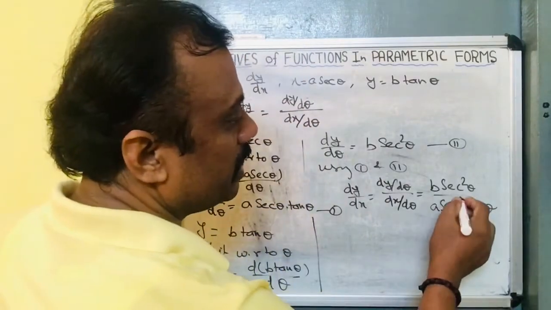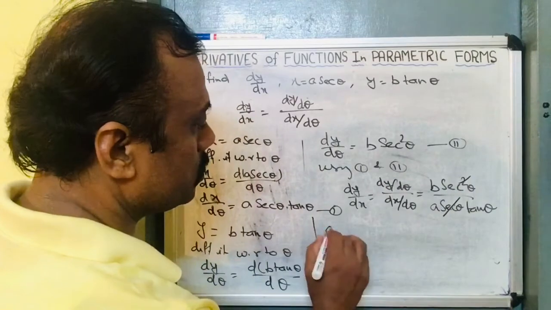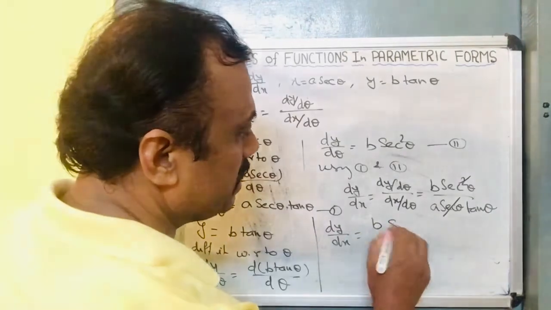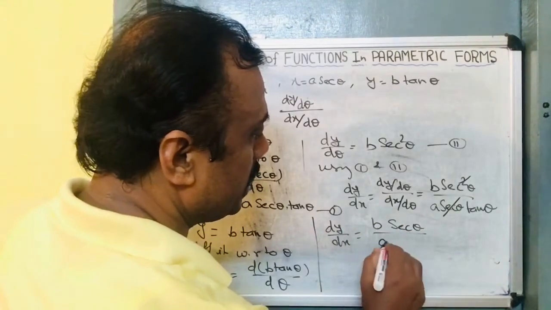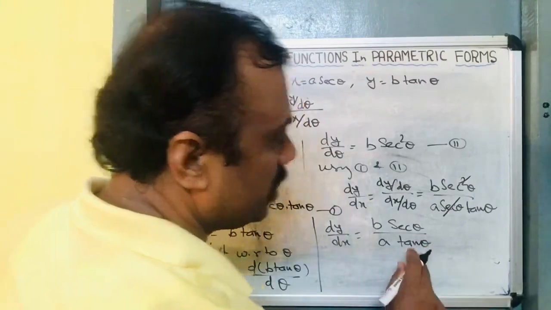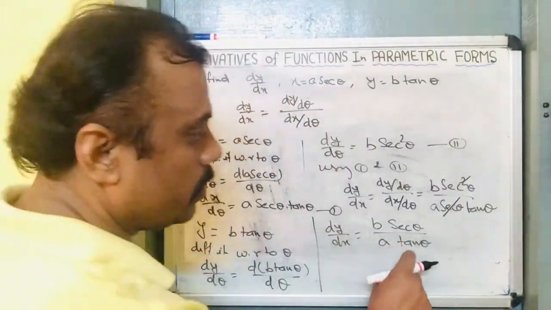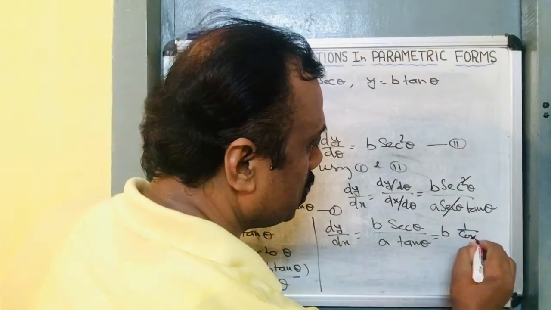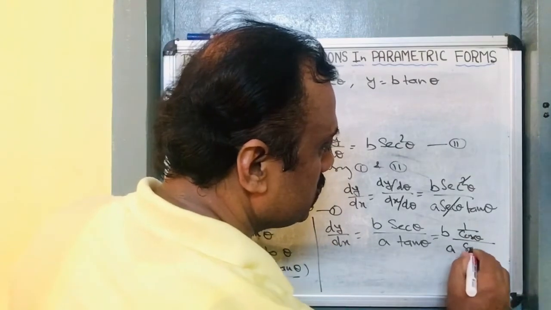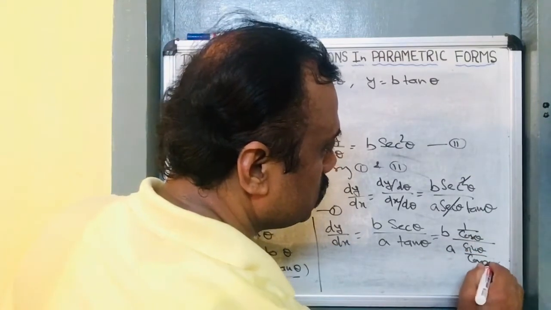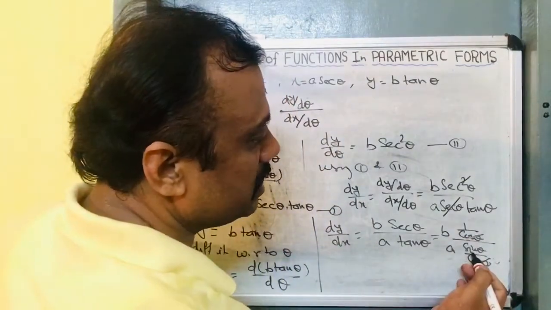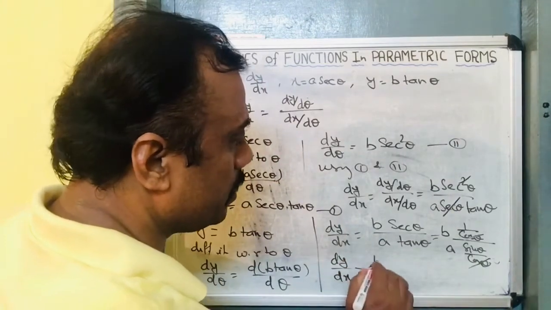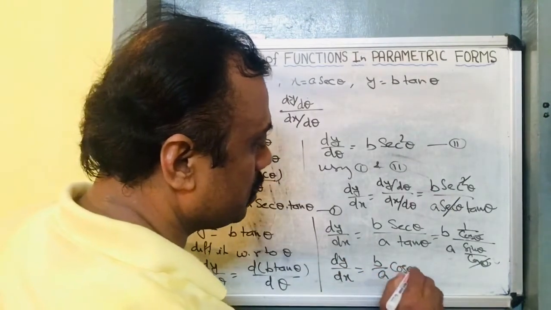From here we can cancel one sec theta, so dy/dx is b sec theta upon a tan theta. We can change it into sine and cos: b times 1 upon cos theta, whole upon a times sine theta upon cos theta. So cos theta will be cancelled and 1 upon sine theta will be cosec theta. So finally we get the answer b by a cosec theta.